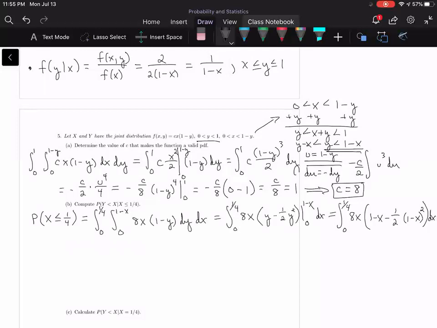That's what that simplifies to. We can factor out a 1 minus x, which might make it a little easier. You could also expand and simplify. And if you do that, this term happens to simplify into x minus x squared over 2.